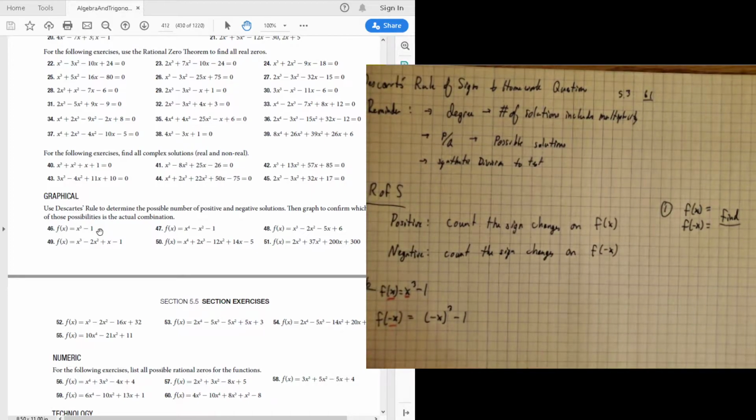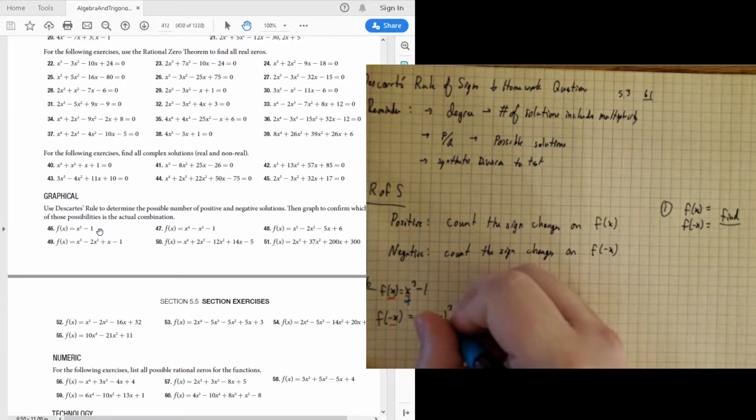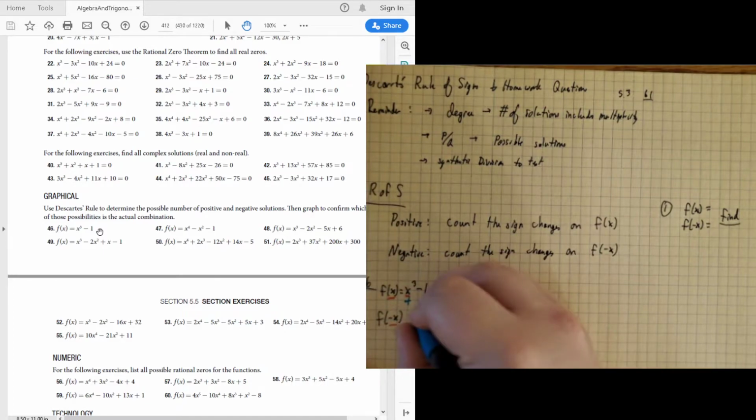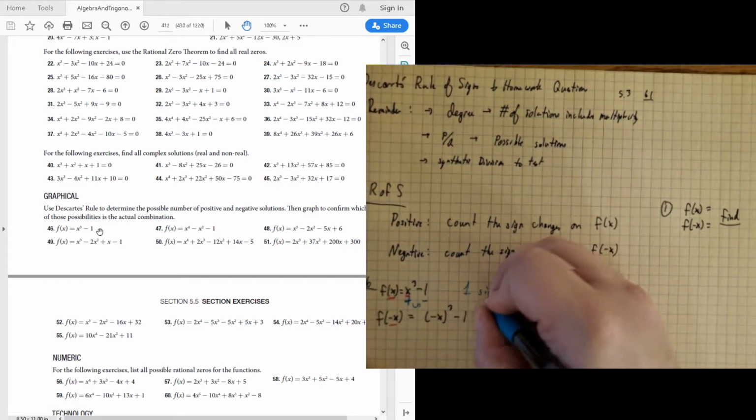And now what we want to do is count the possible solutions that exist. So for this first one, notice that we have a positive x cubed and a negative 1, which means in total we have one sign change.